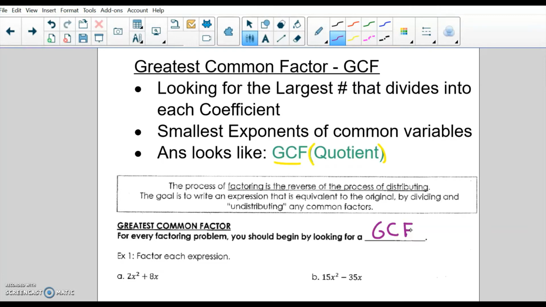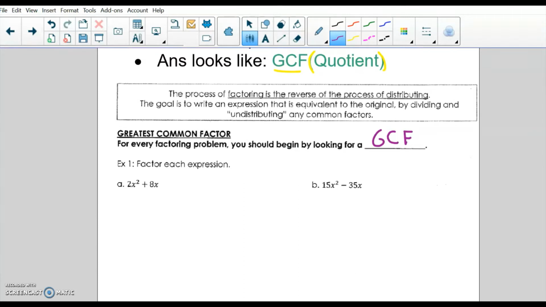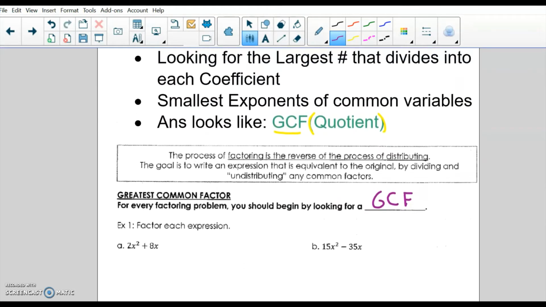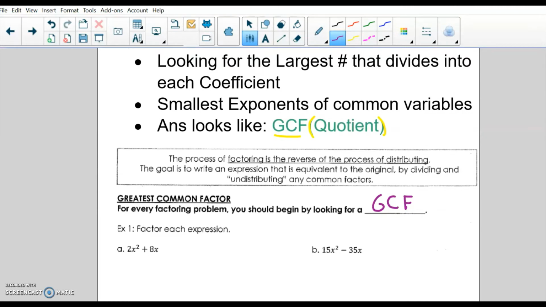So, attempting to keep as much on the screen as possible, we are looking for the largest number that divides into 2 and 8. Okay? So what's the largest number that divides into 2? Well, that would be 2. And do they both have an x?